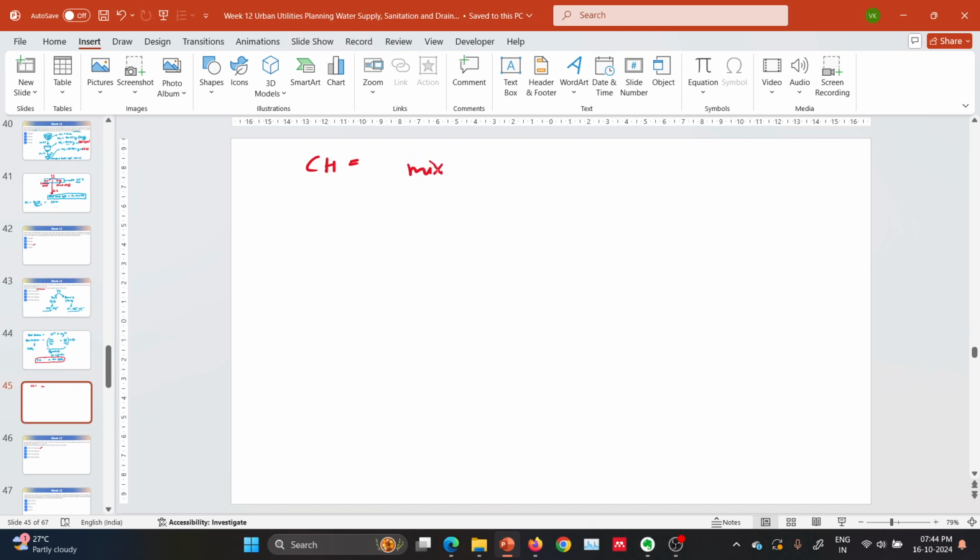Carbonate hardness or temporary hardness is the minimum of total hardness or alkalinity. So whichever is less, that is the carbonate hardness.